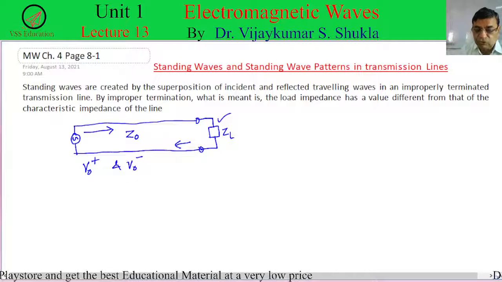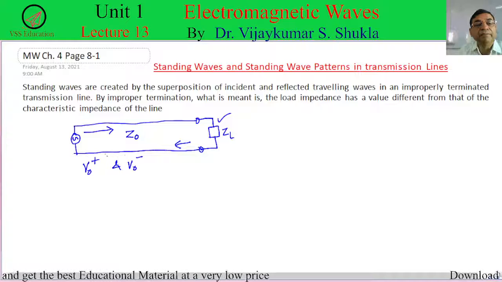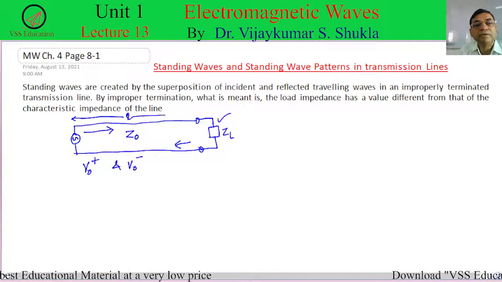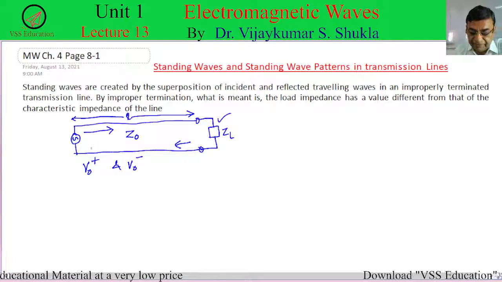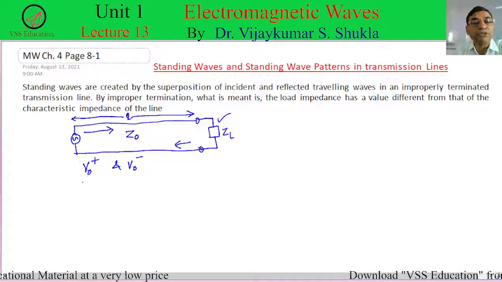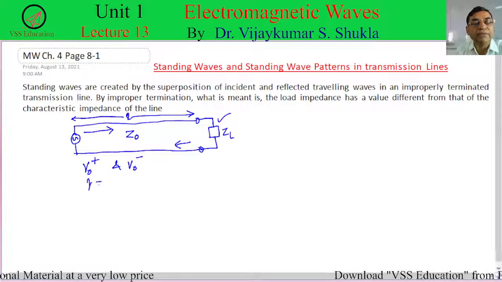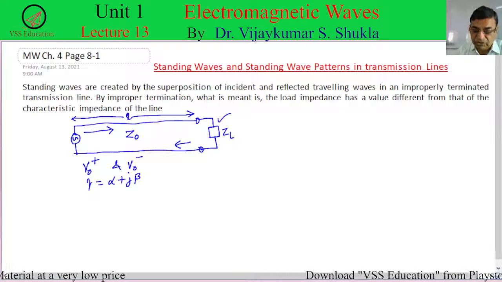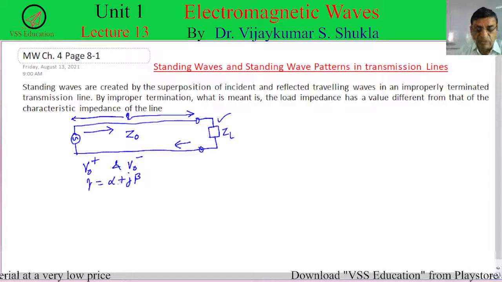These are the amplitudes of the incident and reflected voltage wave in the transmission line, and length अपन ने ली थी L, मान लीजिए यहाँ पे suppose this length of the transmission line, that is L, right? And propagation constant gamma, that is equal to alpha plus j beta. This also we have taken. What is alpha?